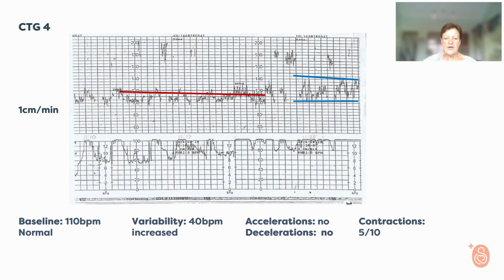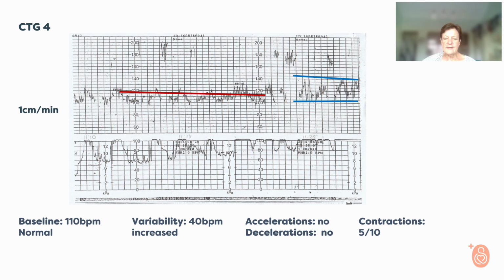So if we draw a line through the average heart rate of this fetal heart, we see that it comes to more or less 110 beats per minute. There you can see the 110 beats per minute.